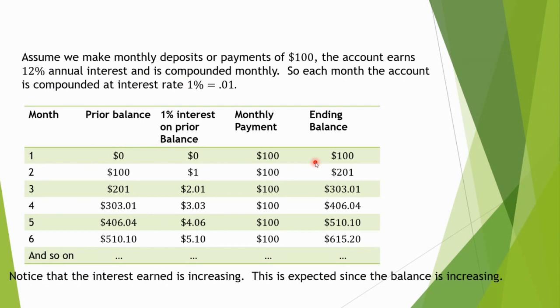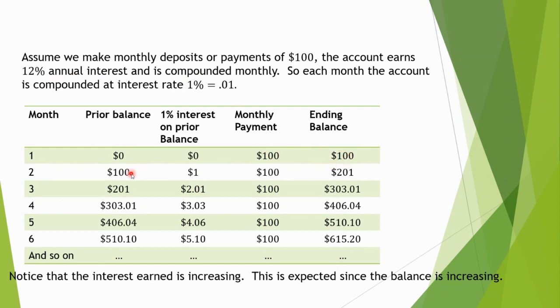So then at the end of the month, we have $100 in there. Again, it starts out with nothing. So from compounding, we get nothing as well. If you take 1% of nothing, you still have nothing. We deposit $100, and that's why our ending balance there is 100.